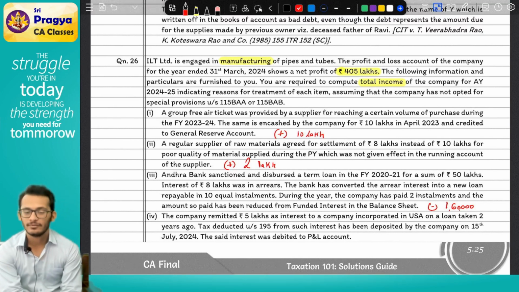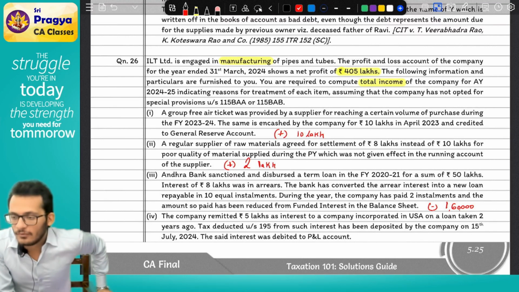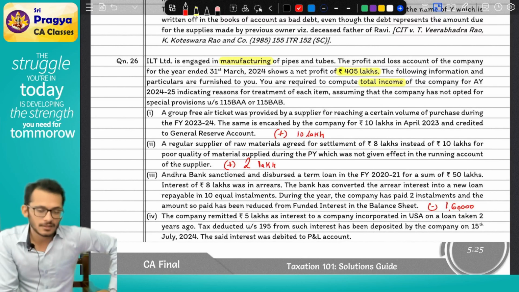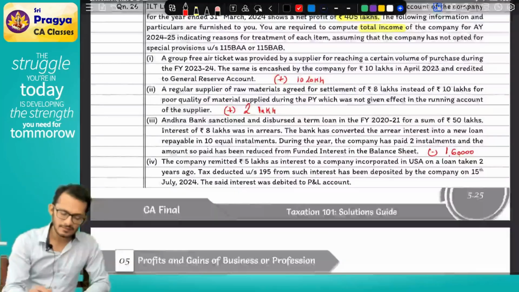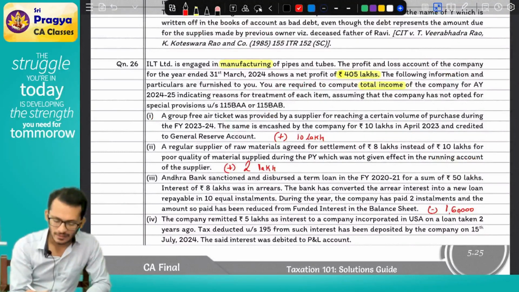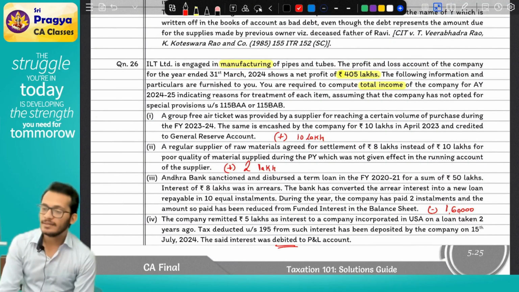Check. What is the date? 15 July 24 is 24-25. So TDS has been paid after the previous year. But the question says the said interest was debited in the profit and loss account, which means it was debited in previous year 23-24.